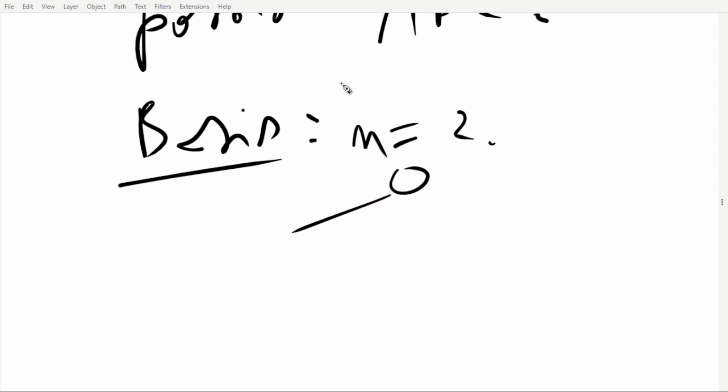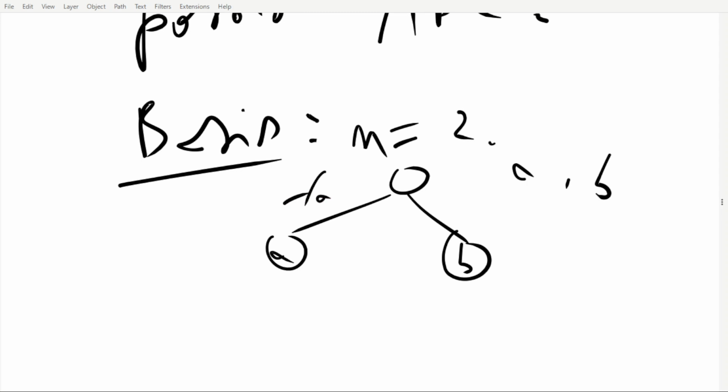We use this binary tree. Suppose the alphabets are A and B with corresponding frequencies FA and FB. So A gets the code 0, B gets the code 1. Now what is the average bit length?